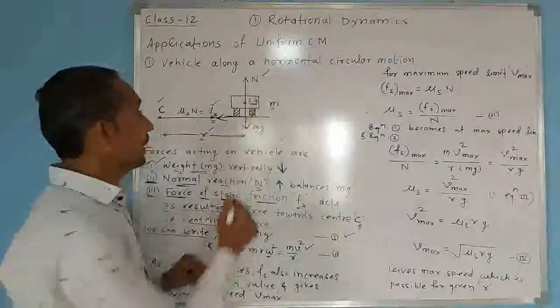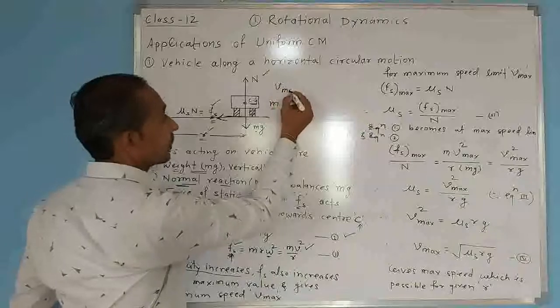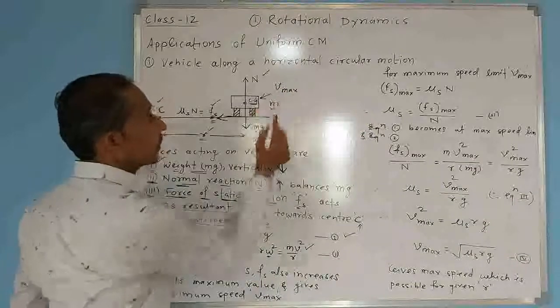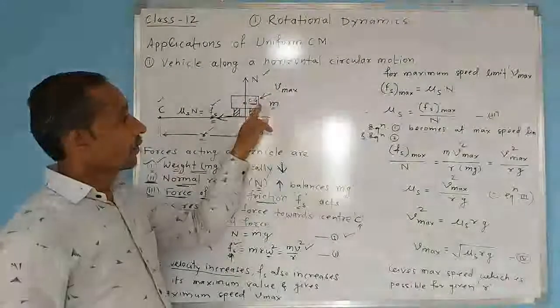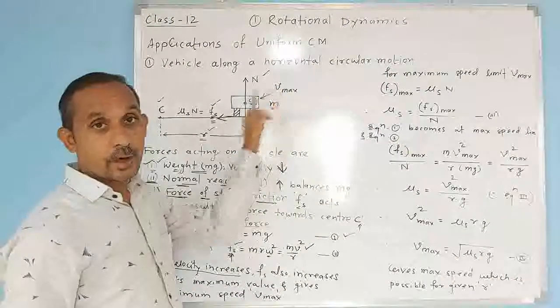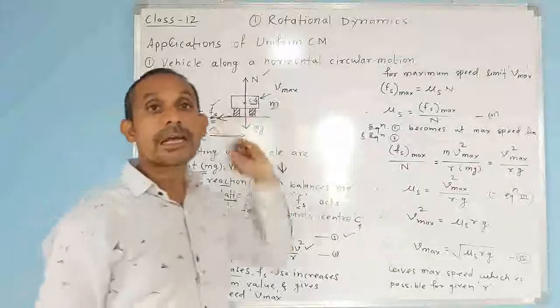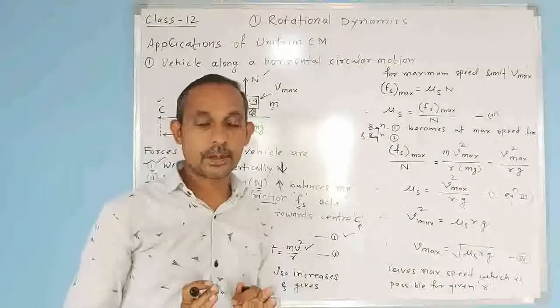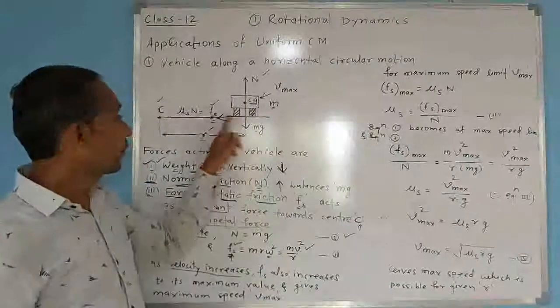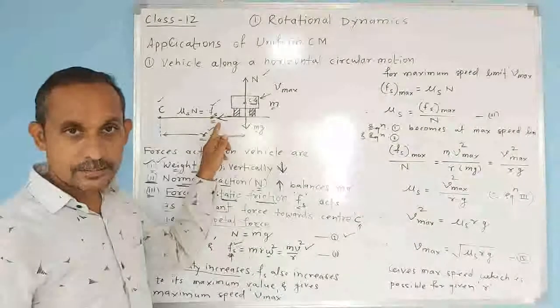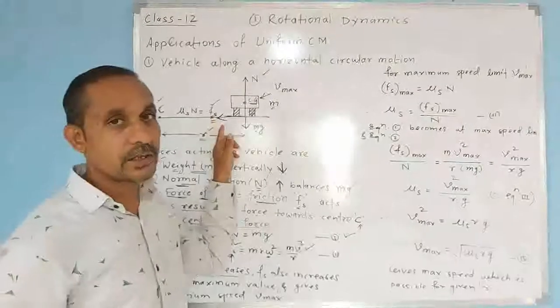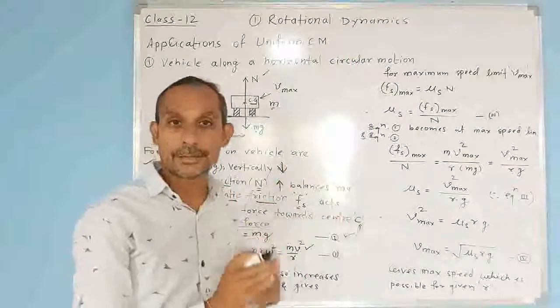So the velocity of the vehicle will be maximum only when the force Fs, that means the force of static friction, becomes maximum.